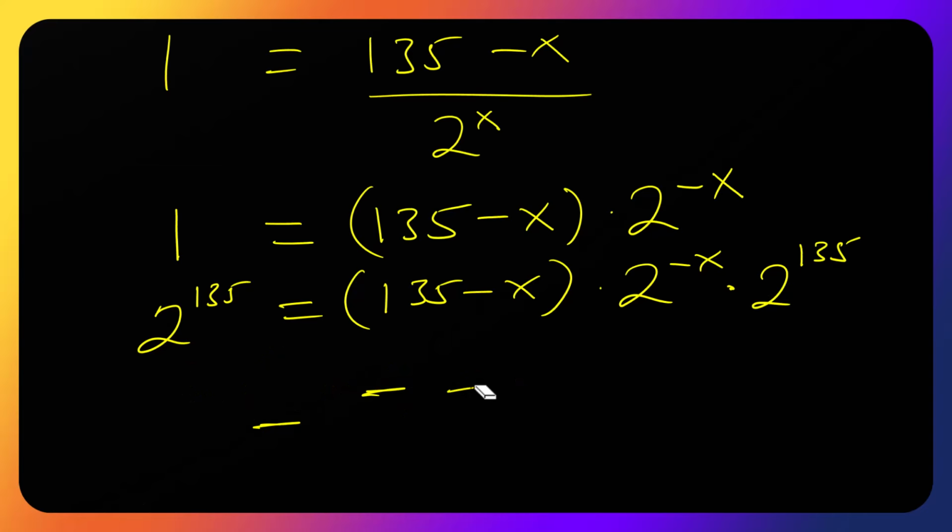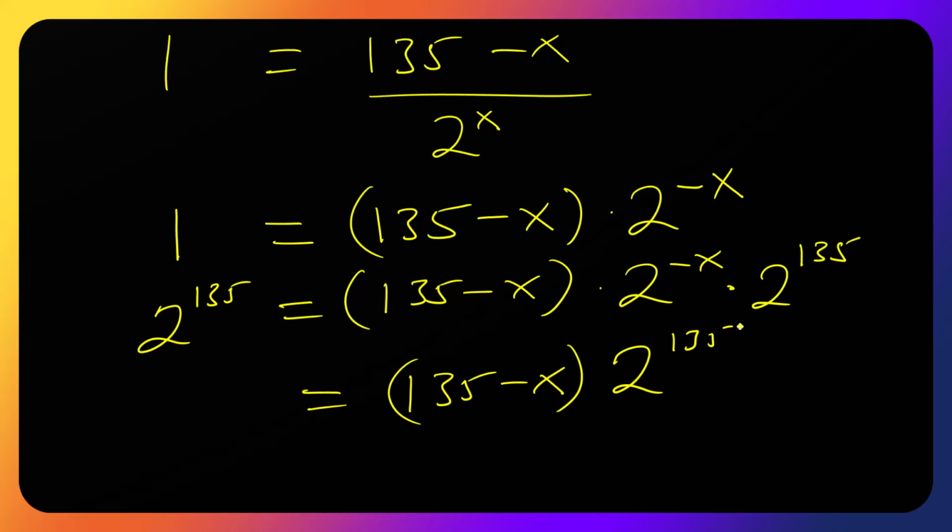Now, when we perform indices here, since we are multiplying, we add the powers, so this side will be 2 to the power 135 minus x. As simple as that. So 2 to the power 135.